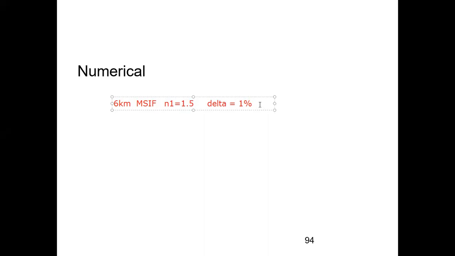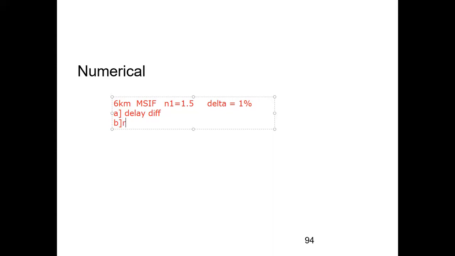Estimate, first one, the delay difference between the slowest and the fastest mode at the fiber output.